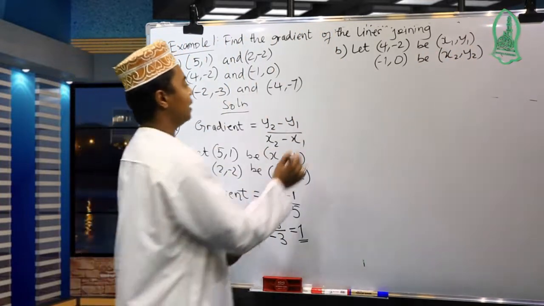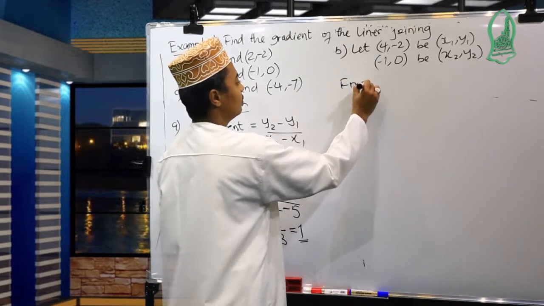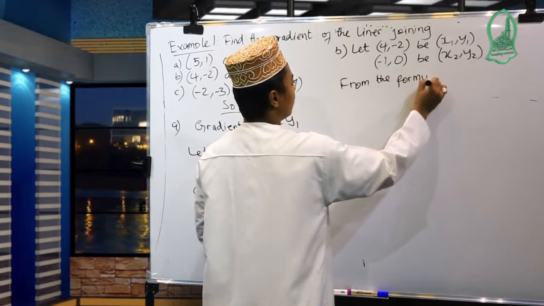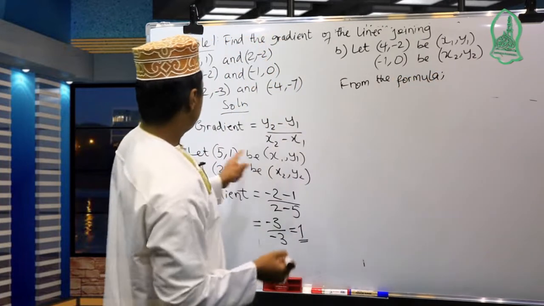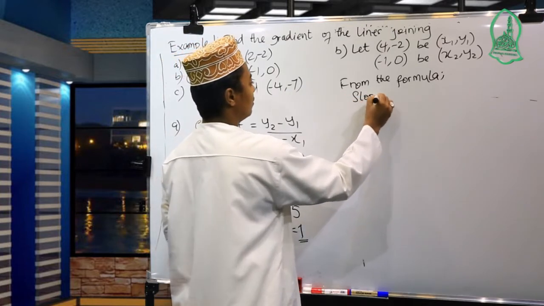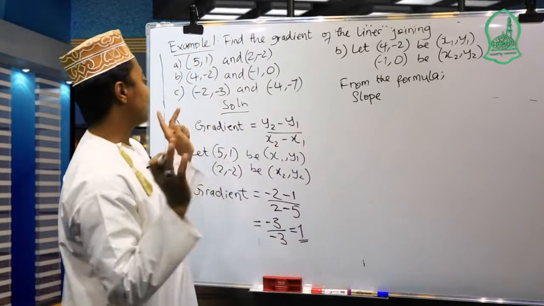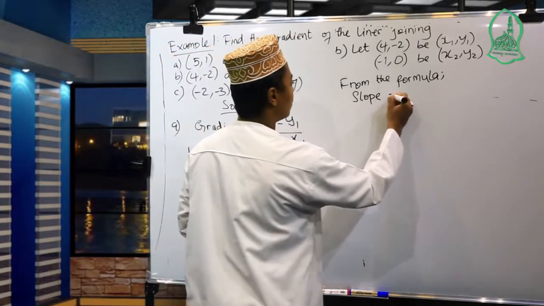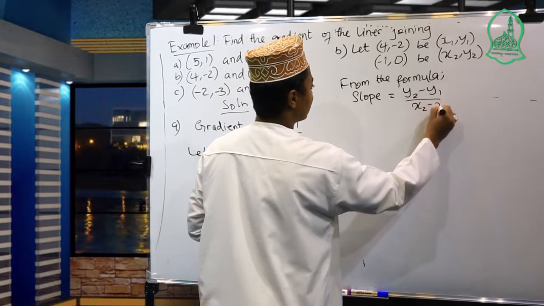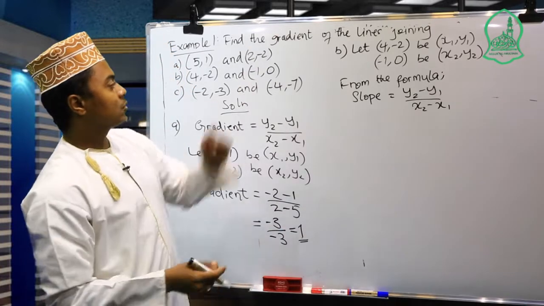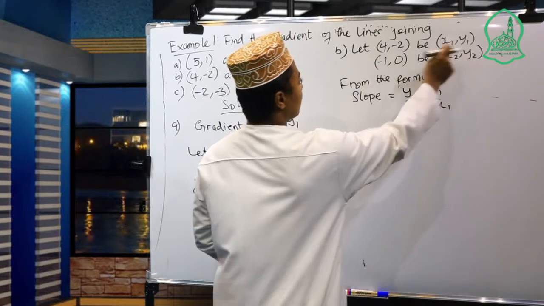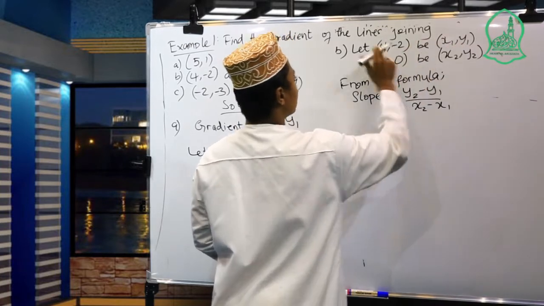Okay, from the formula, we have gradient or slope. Let us use the word slope, it is the same thing, equal to y2 minus y1 over x2 minus x1. So here y2 is 0, x2 is negative 1, y1 is negative 2, x1 equals 4.